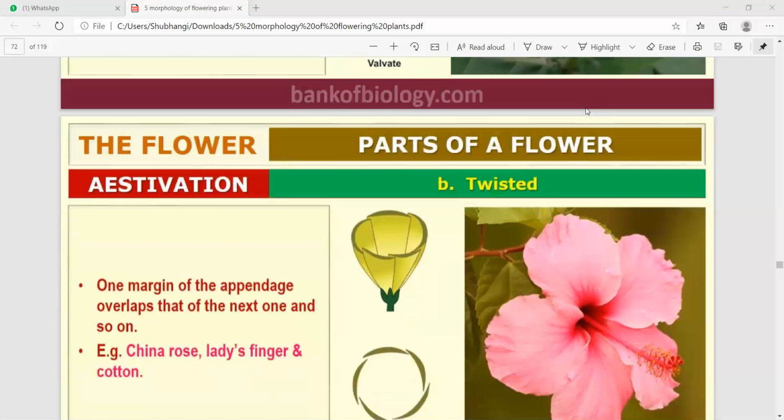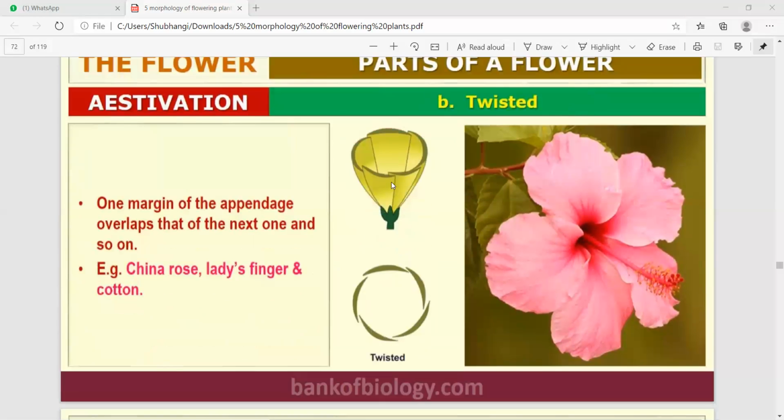Next estivation we are talking about is twisted, as we talked about. What happens in twisted? As you can see here, one margin of the appendages overlaps that of the next one and so on. So one is inside the other. Example is China rose, the hibiscus we see, or hibiscus plant we use. It is also called Jaswand in Marathi.